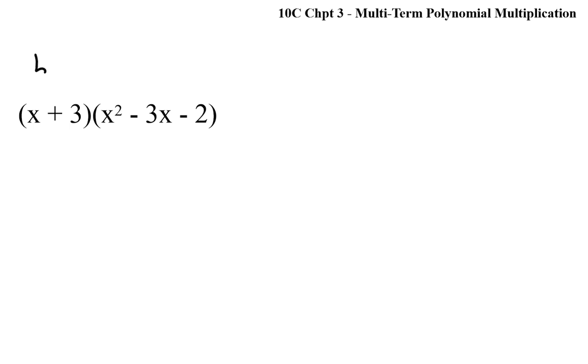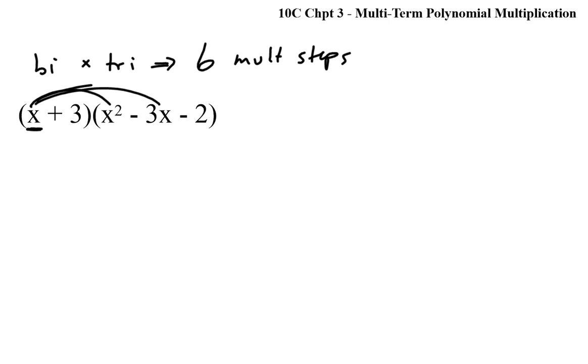So again, binomial times a trinomial. In this case, again, 6 multiplication steps. Because this first term x has to multiply by everything. Because brackets are beside each other, it's multiplication. This 3 has to multiply by every term in the other factor. So here we go.